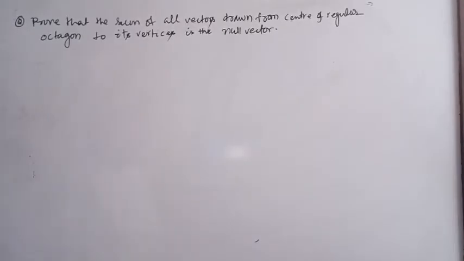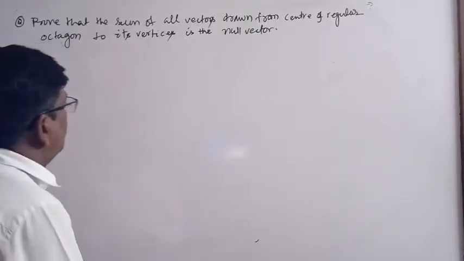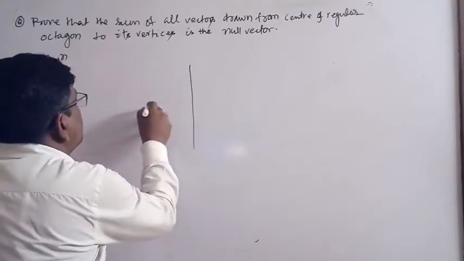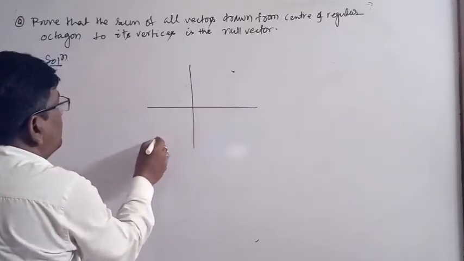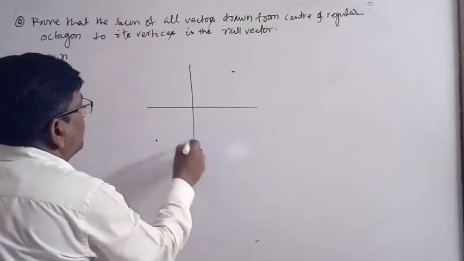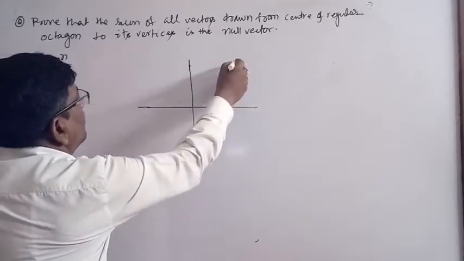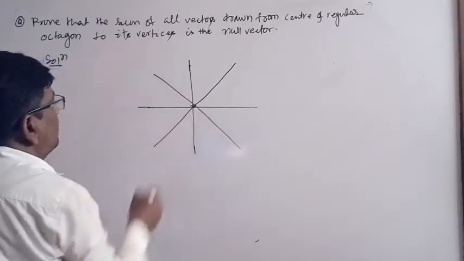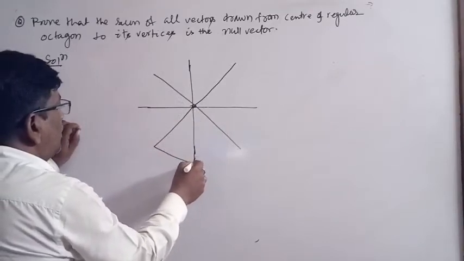Prove that the sum of all vectors drawn from the center of a regular octagon to its vertices is the null vector. Solution: this is a regular octagon, and this is the center.